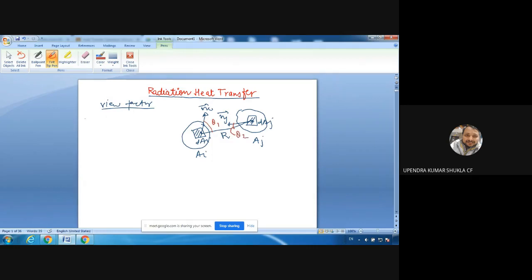Now I have defined the view factor Fij, meaning the view factor of object i relative to j, as equal to the integral over surface area Ai and over surface area Aj of cos theta 1 cos theta 2 divided by pi r square, dAi dAj.